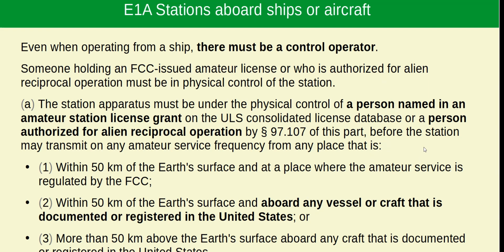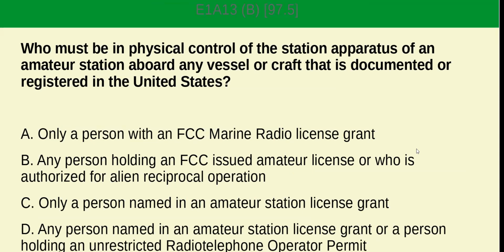And they're defining what the station is, 50 kilometers from the Earth's surface, so it can be a satellite, I guess, or a balloon. Space station. Well, they define that as a space station. Which confused me at first because they'd say space station, and I'm thinking of the space station.